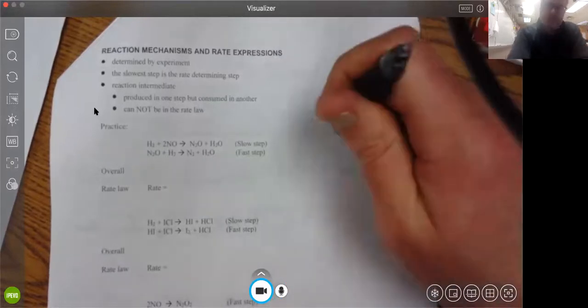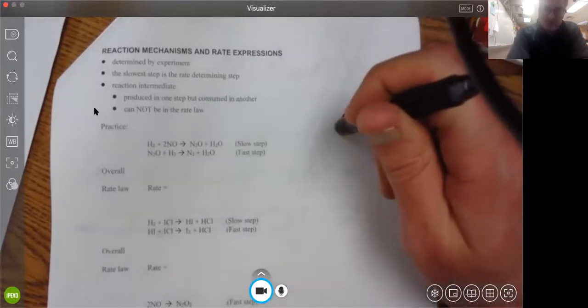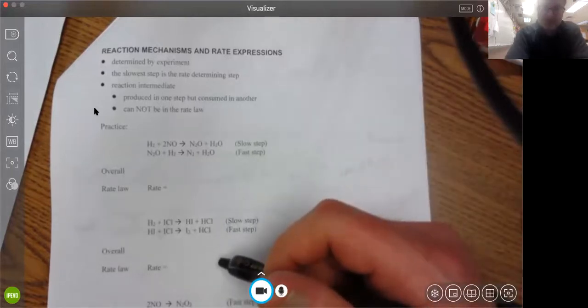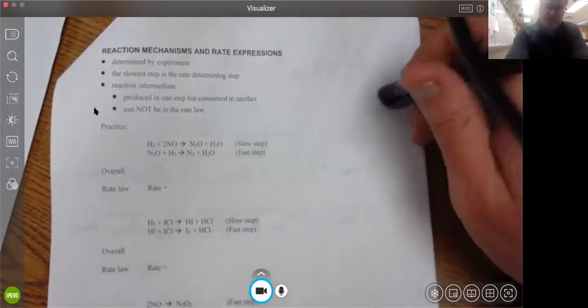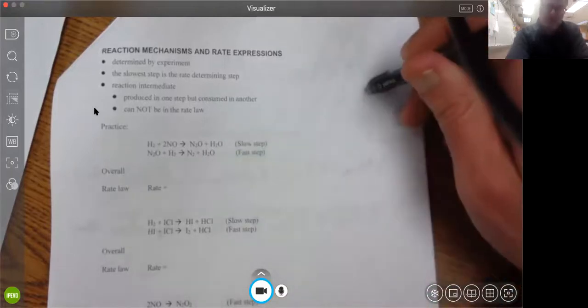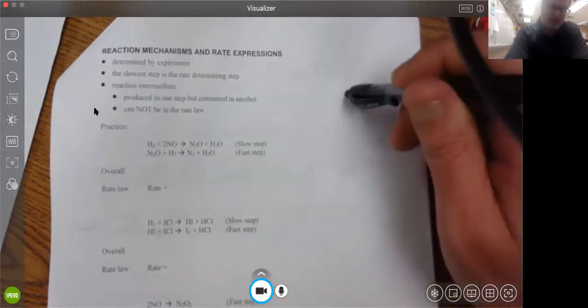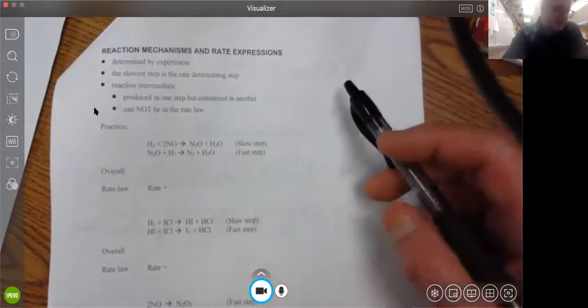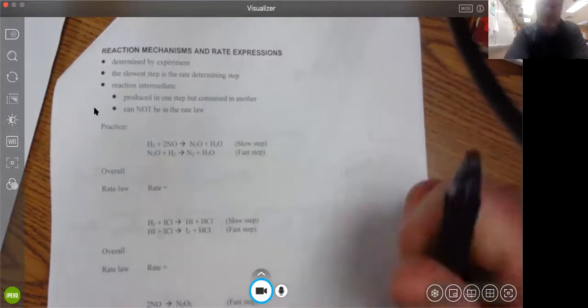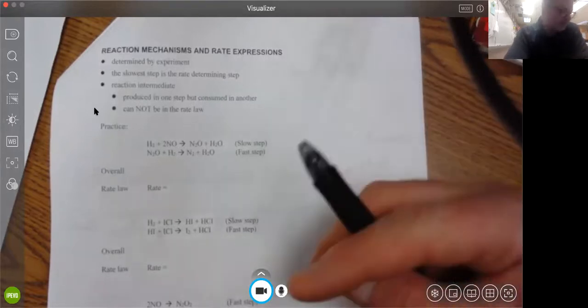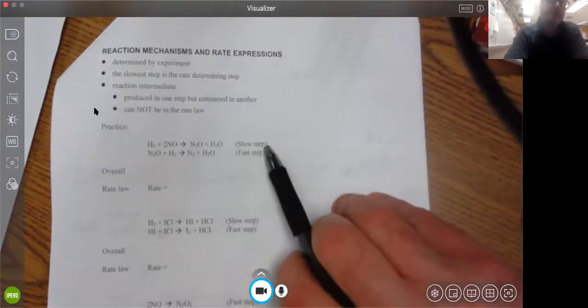No matter how many people you have taking a picture, they probably would not make that process any faster. No matter how many eye machines you have, it's probably still not going to change the overall process. So there's something in there that's making everything slower. And that's what the rate determining step is.